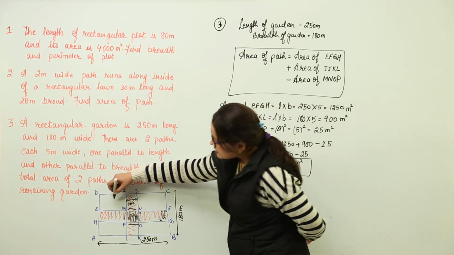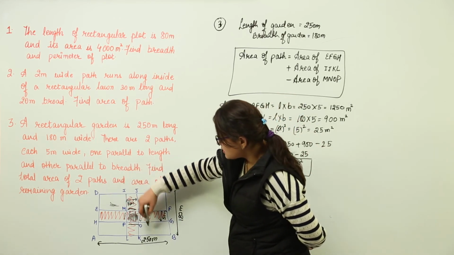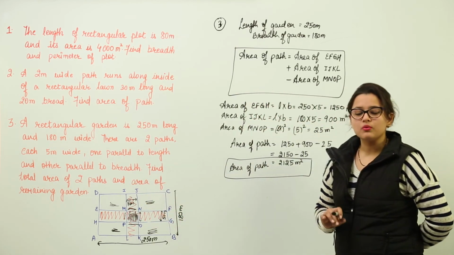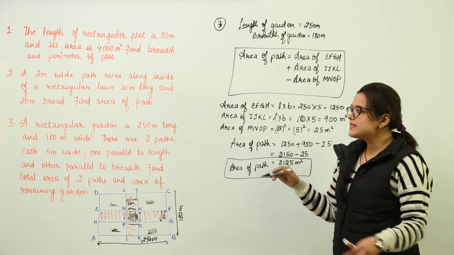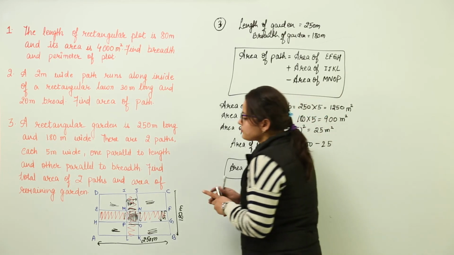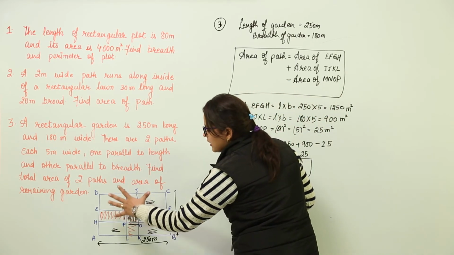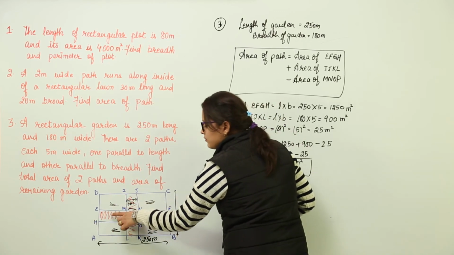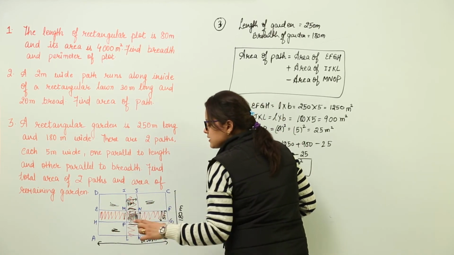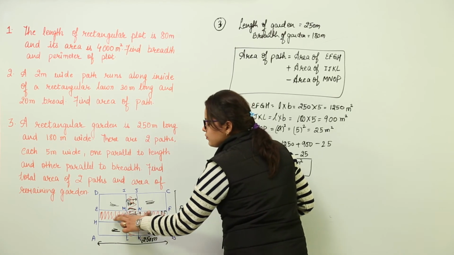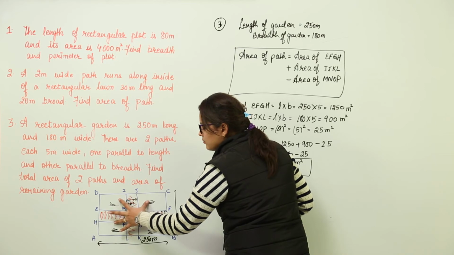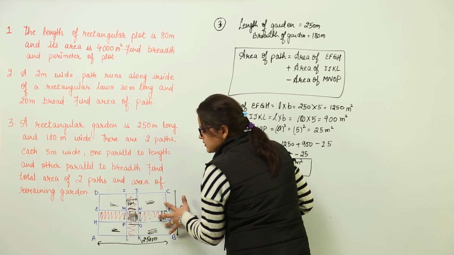The remaining garden is how much? This and these two. So that has to be found. Now how to find that out? As I discussed in the previous question, this total is representing your garden. From this total garden, you are going to take this out and take this out. If you remove the path from both, you can get the area of the remaining garden, these two as well as these two.